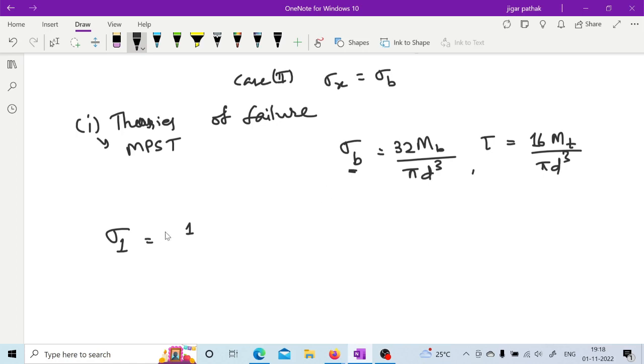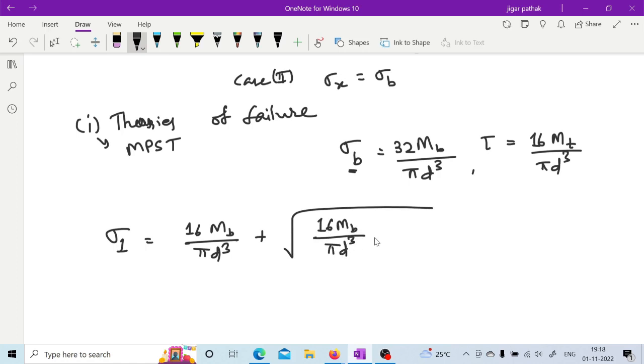So sigma x by 2 means 16 Mb upon pi d cube, as we have seen earlier, plus the square root of 16 Mb upon pi d cube whole square plus 16 Mt upon pi d cube whole square.